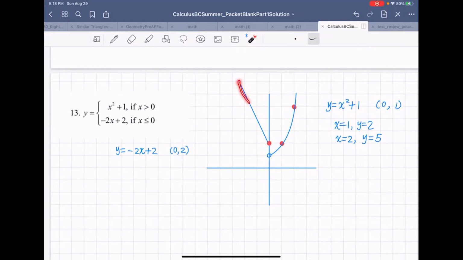If your graph is drawn here and I have to lift up my pen to finish my drawing, this kind of graph is called discontinuous.